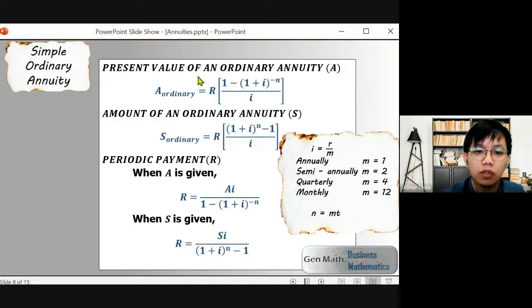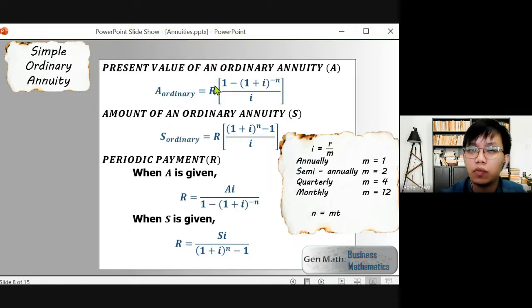Okay. So we have here the formula for present value of ordinary annuity. Ibig sabihin, the capital letter A, that is the present value. Always remember that the capital letter A symbolizes present value of annuity. Pero pag ordinary yan, just put a subscript dito sa capital letter A. Or if it's understood na ang pinag-uusapan natin ay ordinary annuity, kahit hindi na natin ilagay yung subscript.